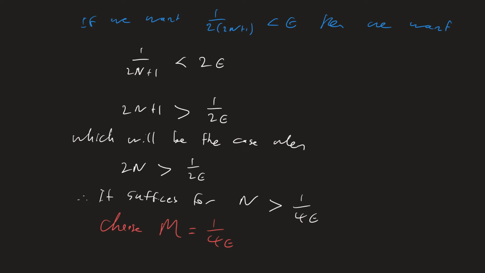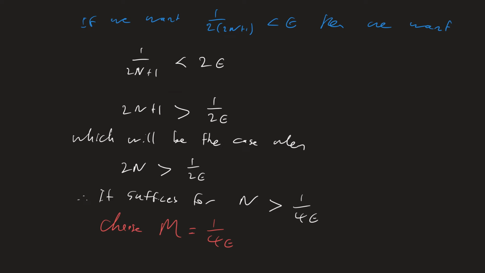We need to be quantitative though. We believe qualitatively that we can make this arbitrarily small, but to quantify it, we now write down precisely what we need. We need this quantity here to be less than epsilon. We can multiply both sides by 2 to get this. We can then take the reciprocal of both sides, and when we do, we flip the sign here. And when we're dealing with such inequalities, a trick is to not be so precise.